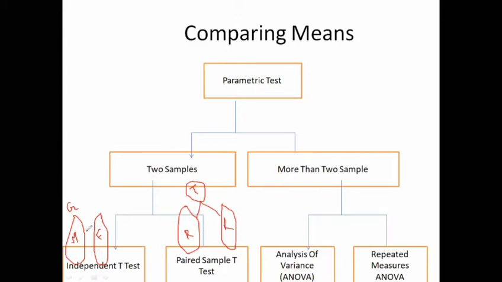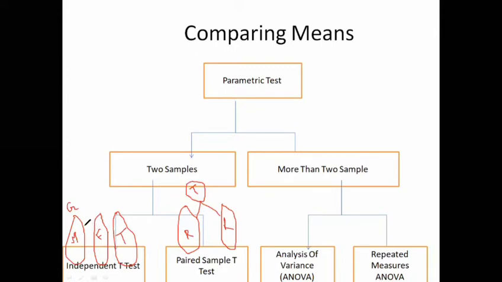Now the question arises: here we have seen two samples, or two sets of the same respondents. But what to do when we have more than two samples? Let's say I also include a third sample, that is transgender, right? Now how to compare the means?